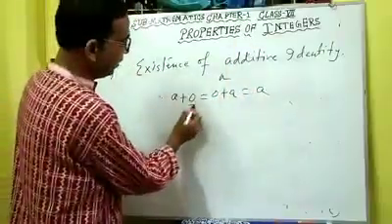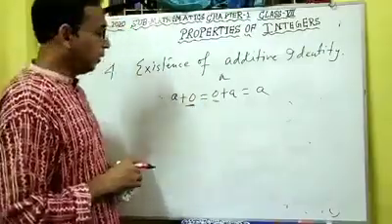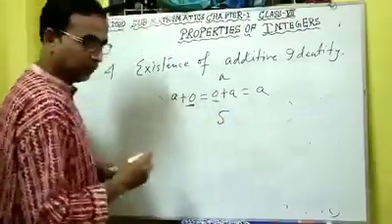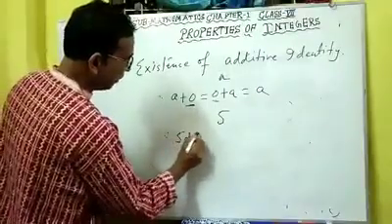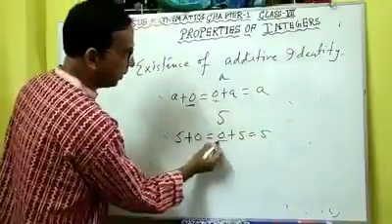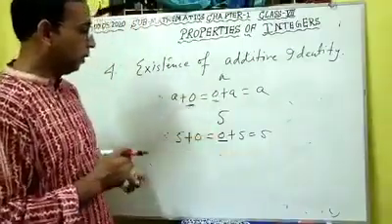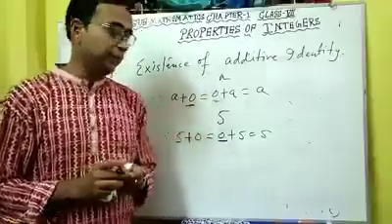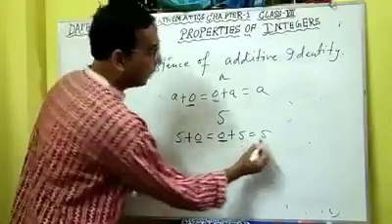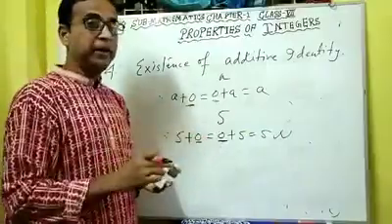Here 0 is the additive identity. For example, consider an integer 5. Then 5 plus 0 is equal to 5, and 0 plus 5 is equal to 5. From this example, we can conclude that if 0 is added to any integer, we get the number itself, so here 0 is the additive identity.